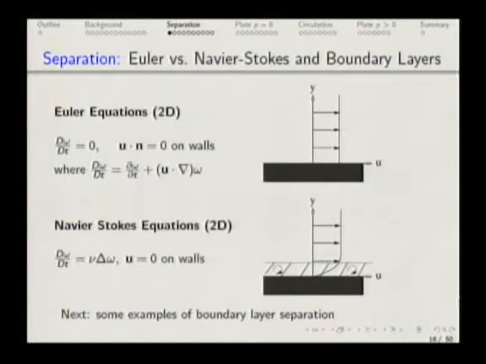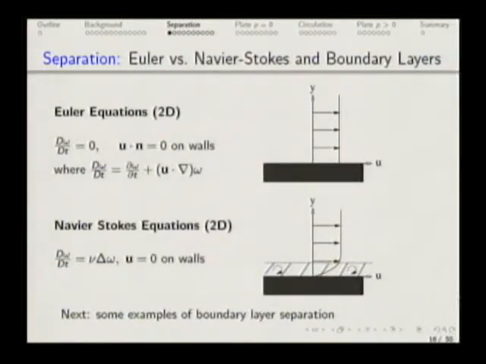Okay, so now I want to talk about separation. So the Euler equations are a first order set of equations with a boundary condition that there is no flow going into the wall. So one of the velocity components is 0. So this parallel flow past the wall is a solution of the Euler equations. Okay.